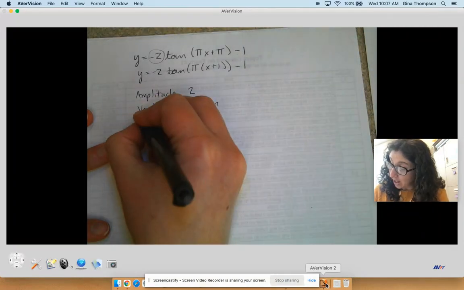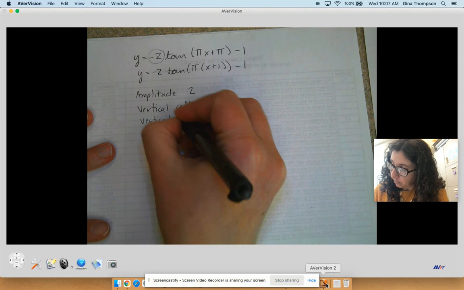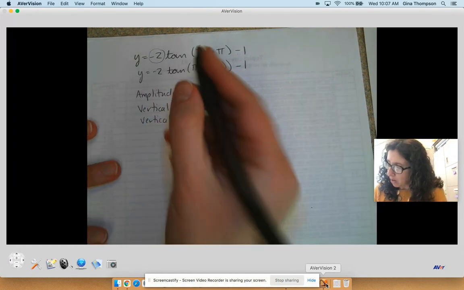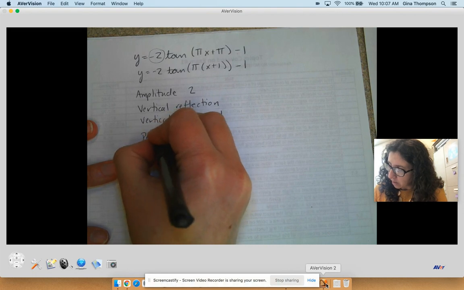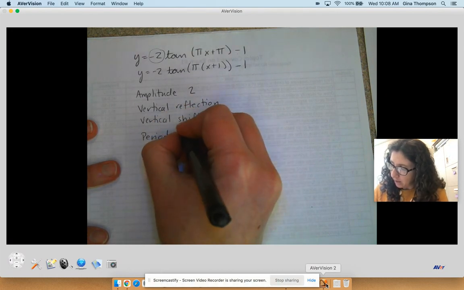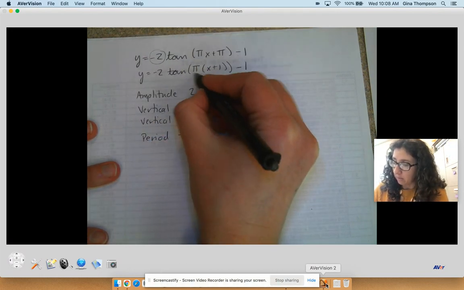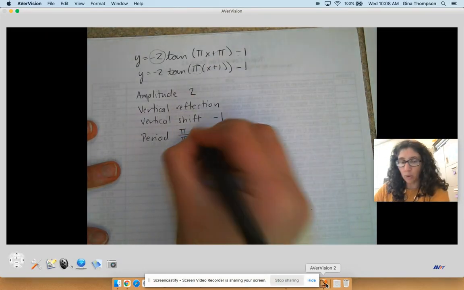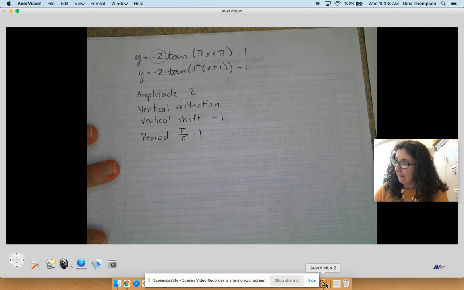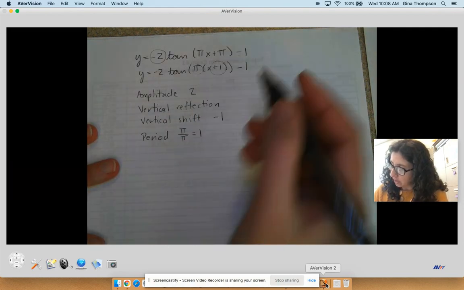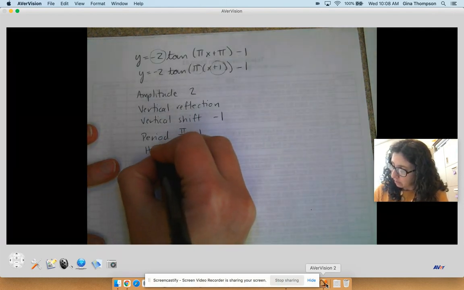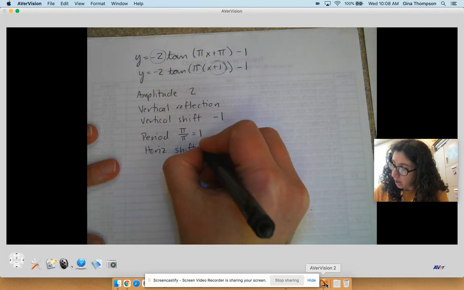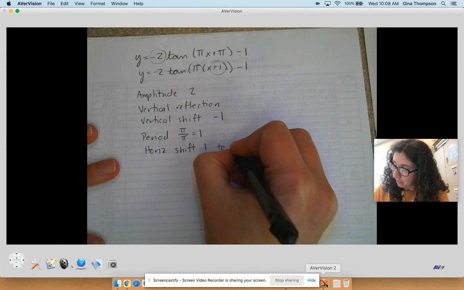There's a vertical shift of -1. What's our period? Our period is going to be pi divided by this, right? So pi divided by pi equals 1. So our period is 1. And our horizontal shift is 1 to the left.